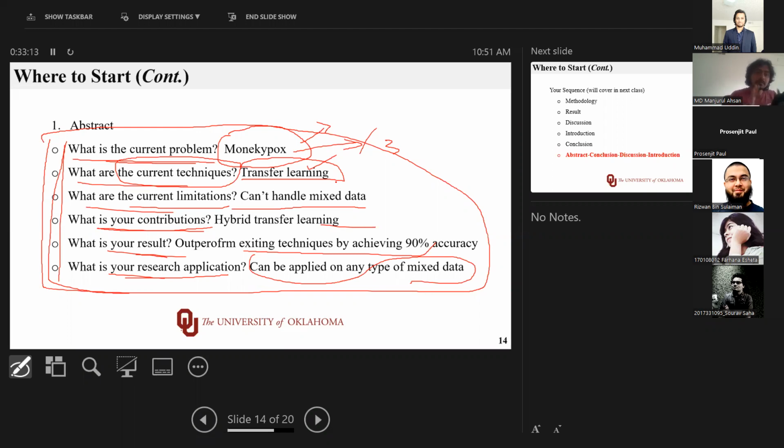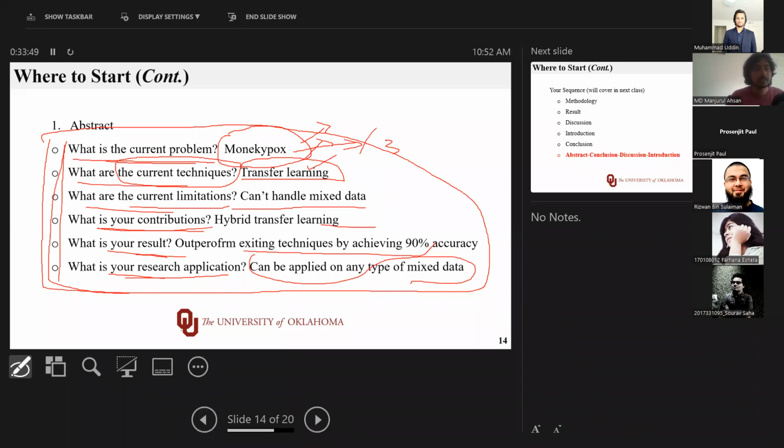However, in Elsevier, many journals expect a lot more writing in the abstract, with papers of 18-20 pages or 13-17 page two-column papers. For that kind of journal, you can still use this template. All you have to do is increase it by one or two sentences, and your manuscript becomes bigger. You talk more about the current problem. Suppose I say monkeypox is one of the leading global problems in 2022.